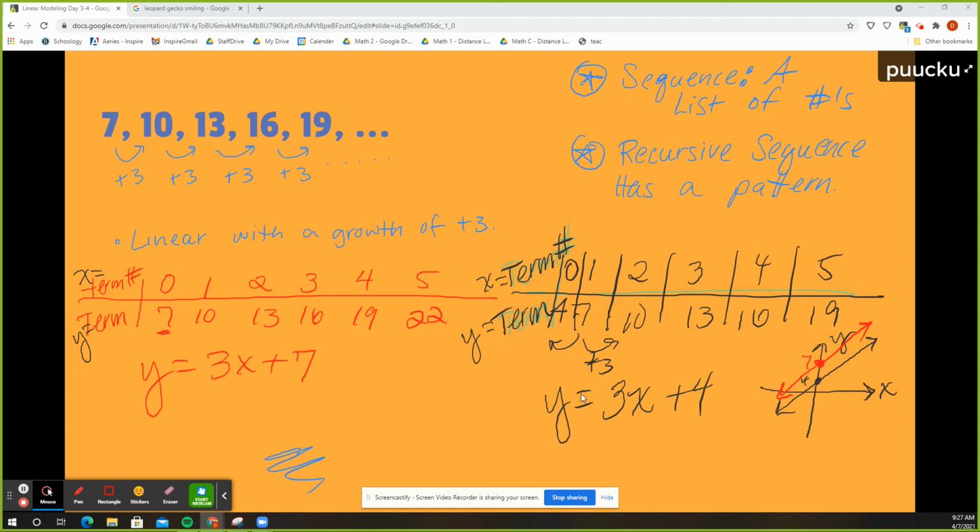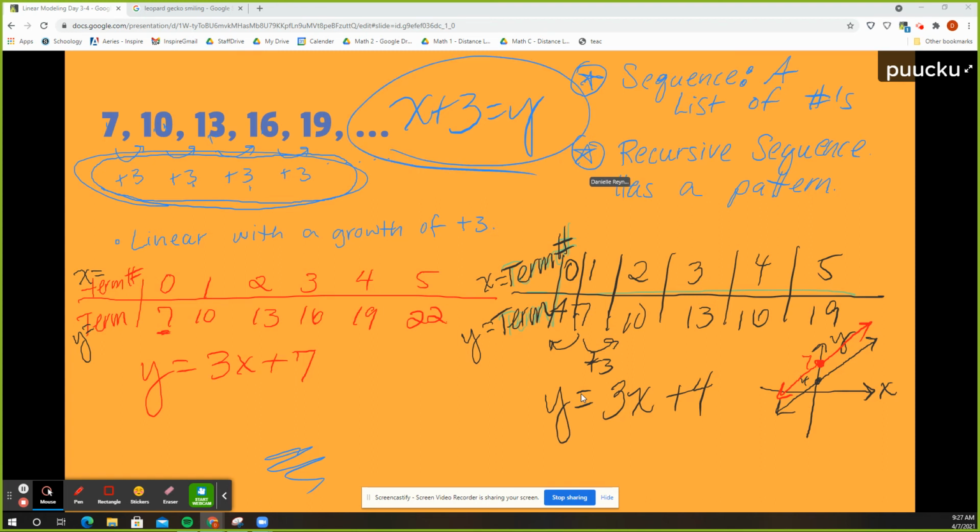One of my favorite mistakes is that students will so often, and some of you did this on the quiz last night, see this growth and go, oh, 7 plus 3 is 10. 10 plus 3 is 13. So it's x plus 3 is the equation. This is wrong if x is the term number and y is the term.